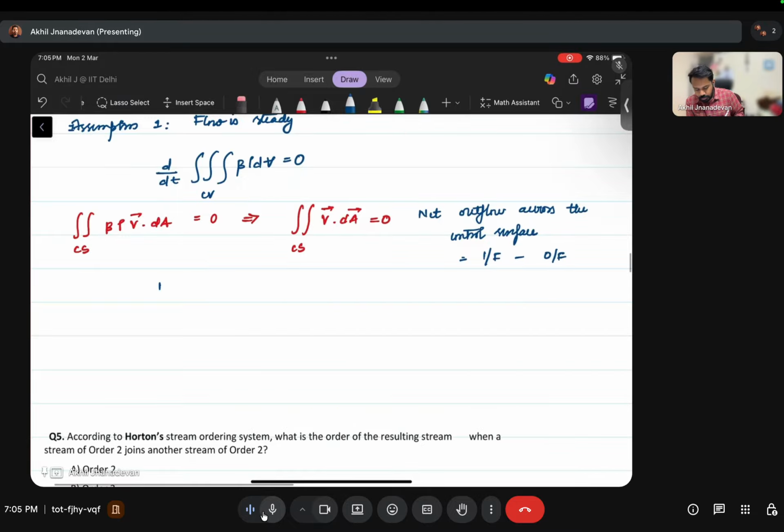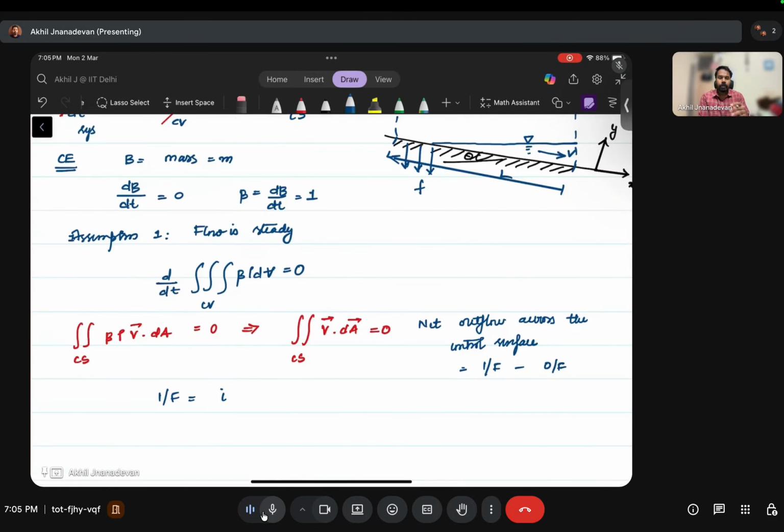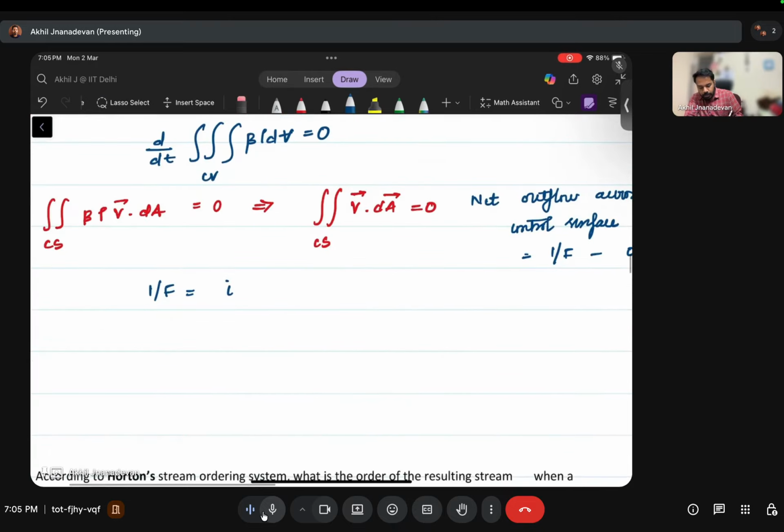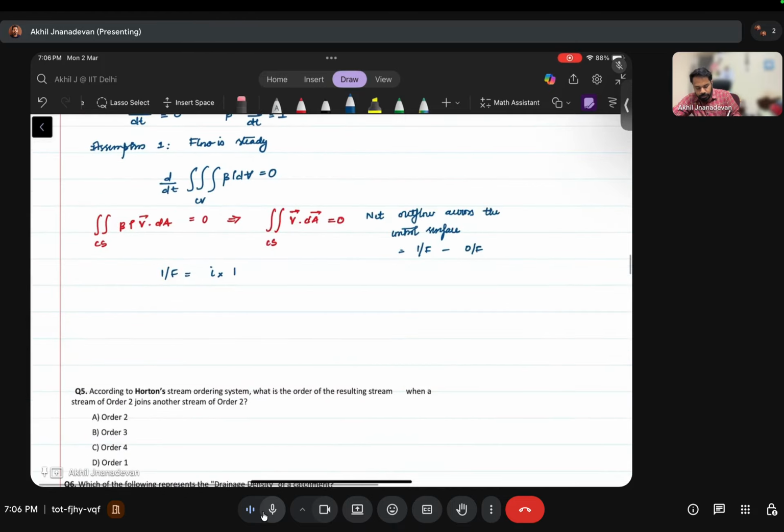So inflow is nothing but precipitation I, but here I is a rate, in centimeter per hour, right? If we multiply it with the area, we will be getting the volume. That is the volumetric flux. So I into area, where the length in the horizontal direction will be L cos theta, and the width I am taking as unit width. The width of the flow, I am considering as unity.